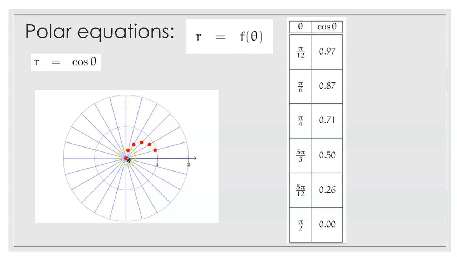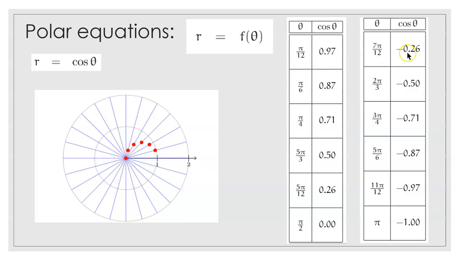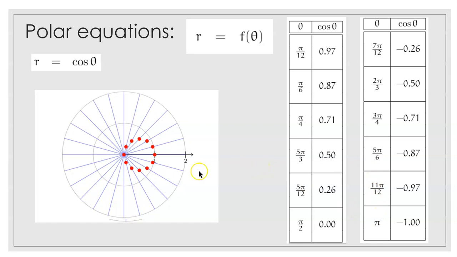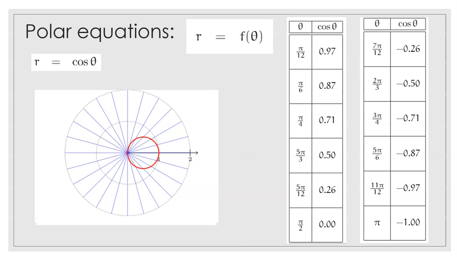In the second quadrant, all my values are negative, so even though my angle is going to be 7 pi over 12, my radius is negative, so I'm going to be down here. So there's my negative radii. Those are all my angles in the second quadrant. When I plot those points, I get the dots on the bottom side. So r equals cosine theta, we get a circle that's centered off on the side there.